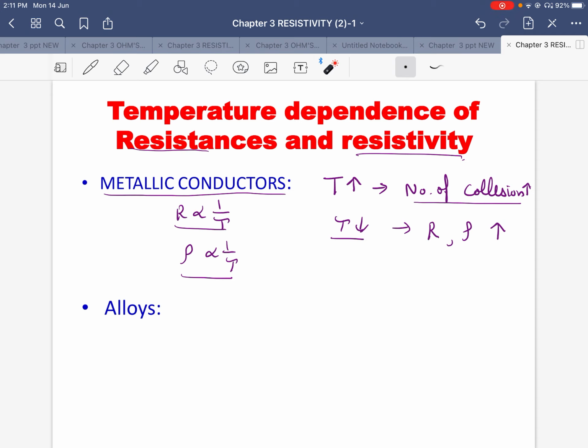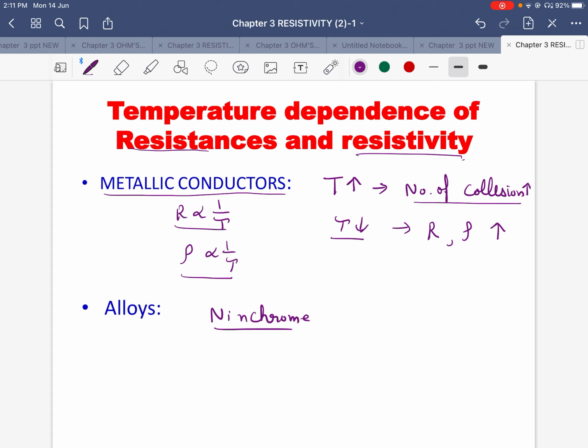Second is alloys. Alloys are mostly independent of the change in temperature. For example, nichrome, which is made up of nickel and chromium, has a weak temperature dependence.